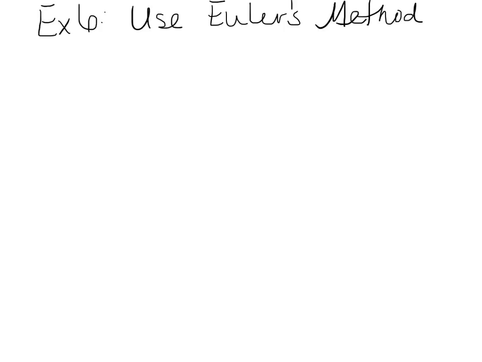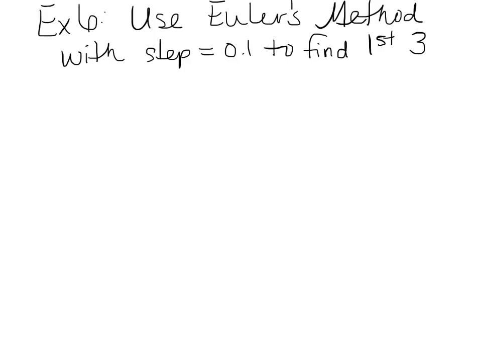with a step, and a step is another term for an h value. So with a step equal to 0.1 to find the first 3 approximations for the initial value problem.